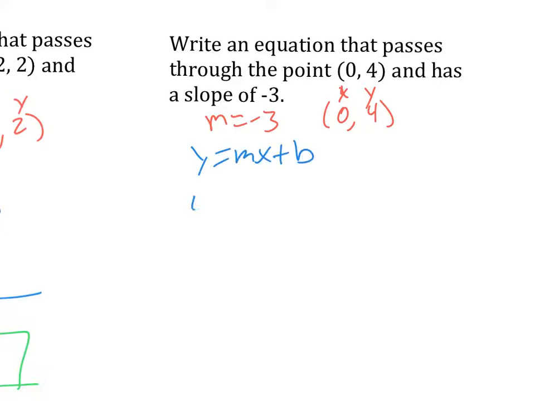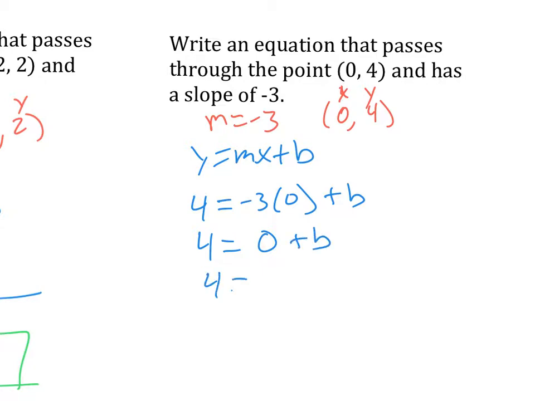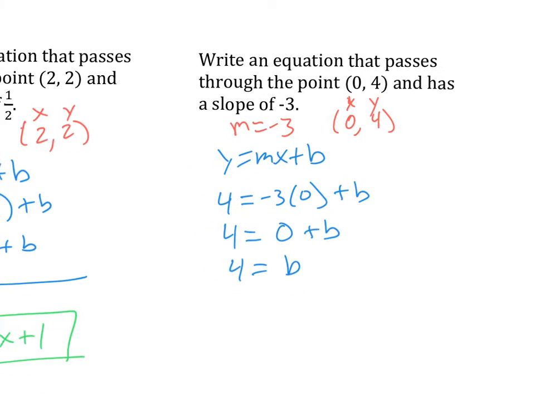Substitute all those values in, we get 4 is equal to -3 times 0 plus b. So we can solve. We'll get 4 equals, well, -3 times 0 is just 0, plus b. We can simplify that, and we just get 4 is equal to b. And finally we'll write it all together. y equals -3x plus 4.